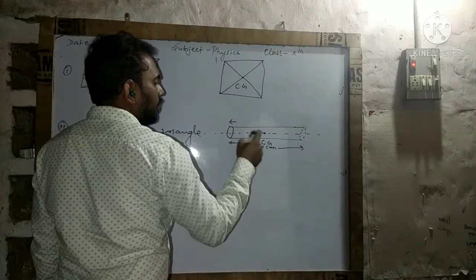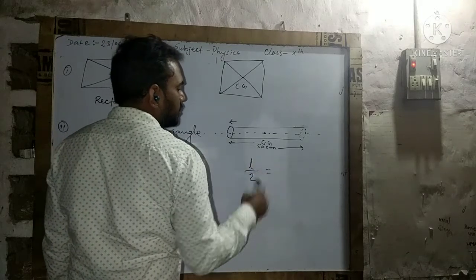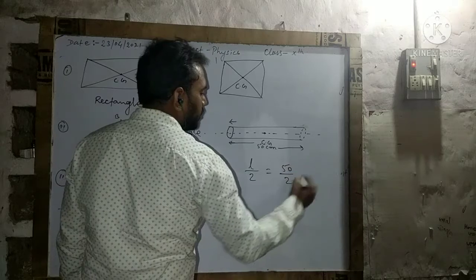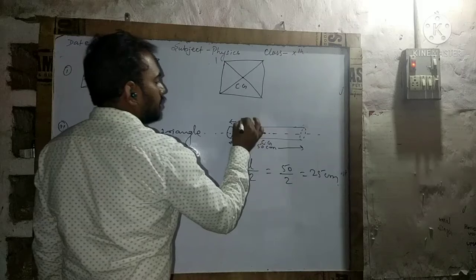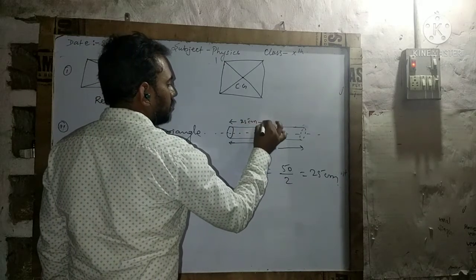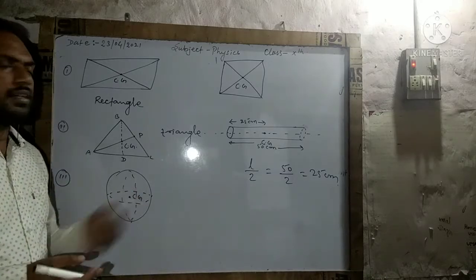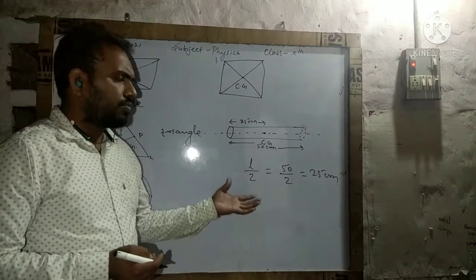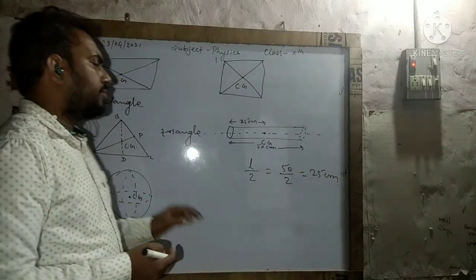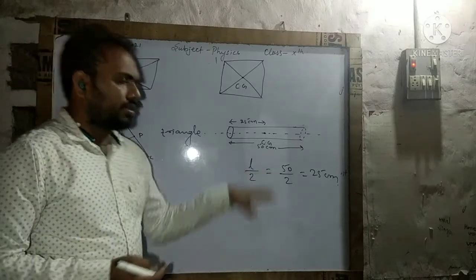Half of the length. 50 divided by 2 is 25 centimeter. From the end, 25 centimeter, you will find the center of gravity of a hollow or solid cylinder. Same for a rod, which is an example of a solid cylinder.